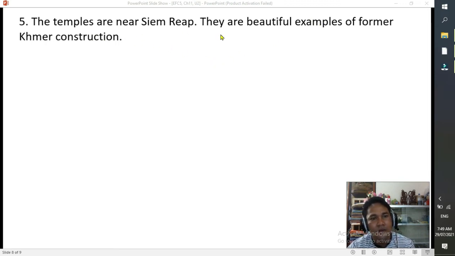So now they talk about what? They talk about the temples, right? The temples, and they here stand for the temples also. So when you combine, which relative pronoun should you use to combine these two statements? Yeah. So now you can see the answer.